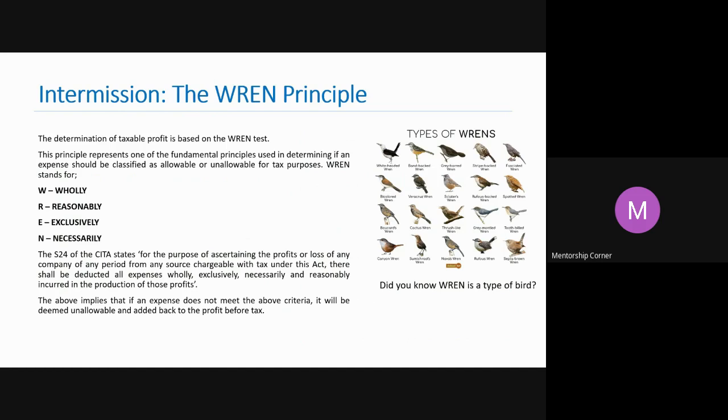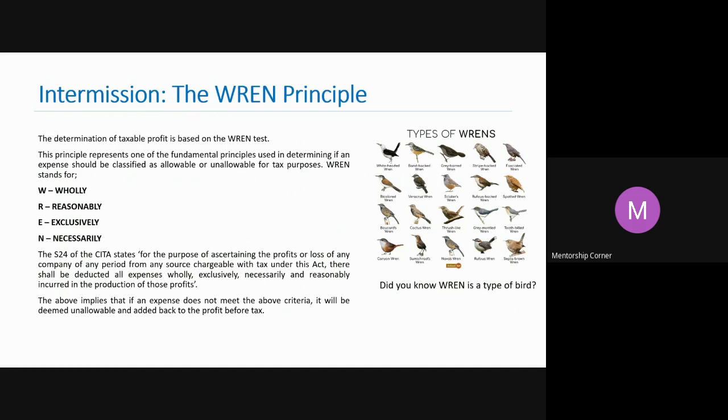So the rent principle is just a principle that guides the treatment of transactions under tax to help you to know whether an expense is wholly, reasonably, exclusively, and necessarily incurred for the purpose of the business.